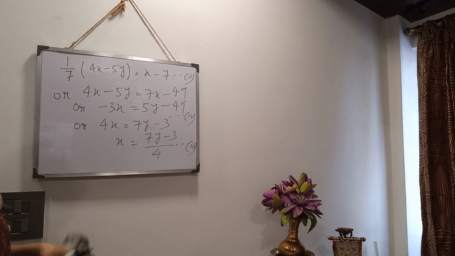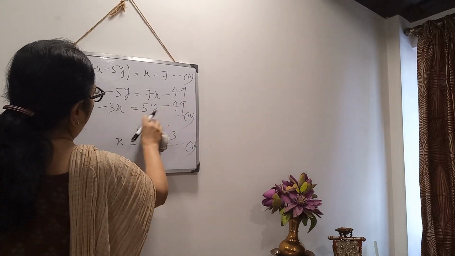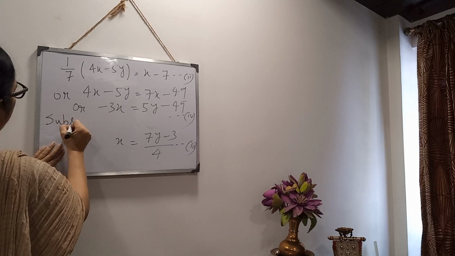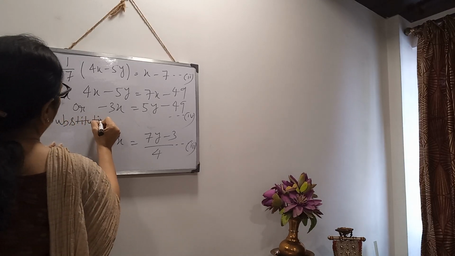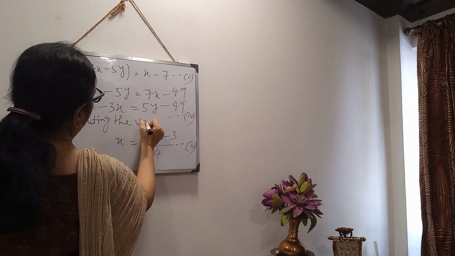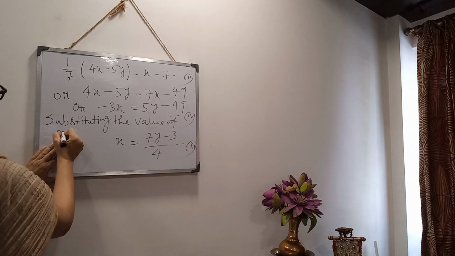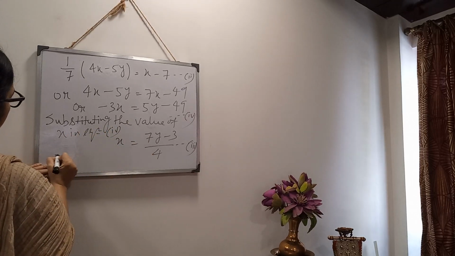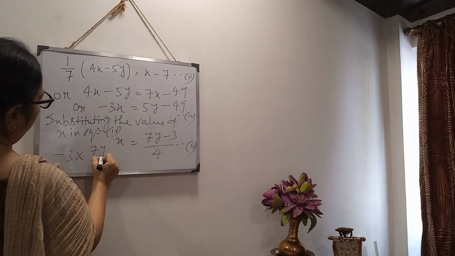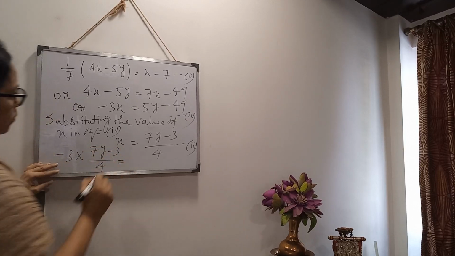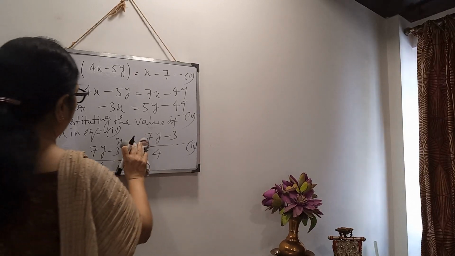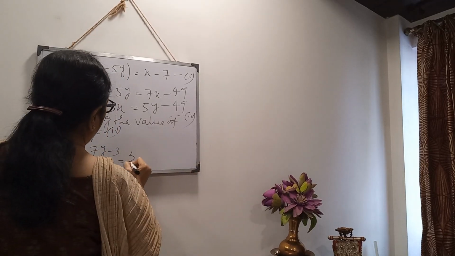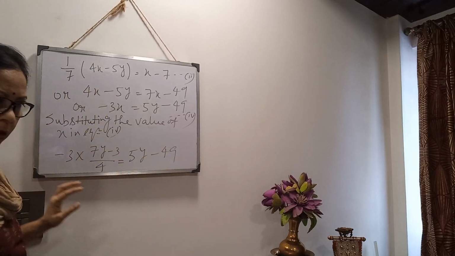Now I substitute the value of x in equation 4. My x is this, so minus 3 into 7y minus 3 by 4 equals to 5y minus 49.